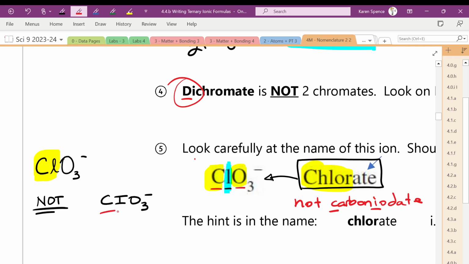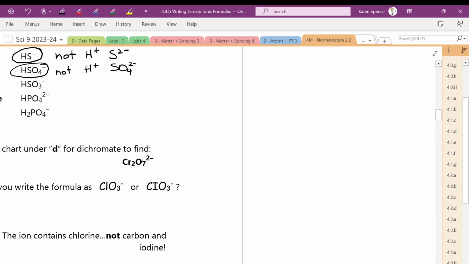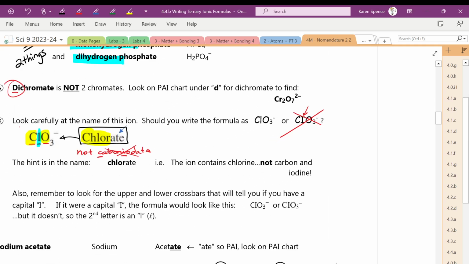There's no such thing as carbon iodate. It is chlorate, therefore it is Cl for chlorine, not Ci for carbon iodine. Does that make sense? I promised you, your I will always have crossbars, and that's not what we have here.